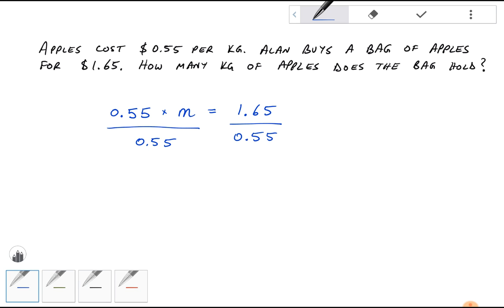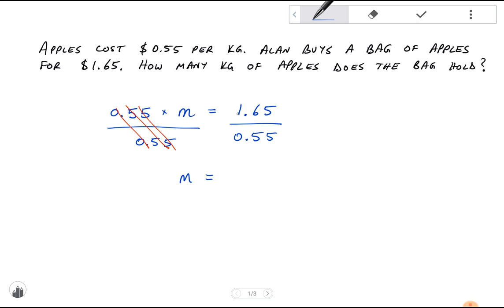So here, what we'll end up doing is canceling out the 0.55, which was the whole point, and we will have only M on the left side. And we have 1.65 divided by 0.55. That works out to be a nice integer, which is 3.0. So there are 3.0 kilograms of apples.